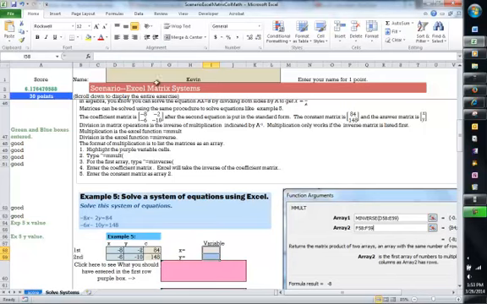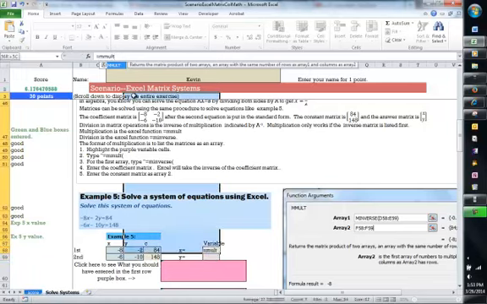Then type equals MMULT, because we're going to use matrix multiplication.